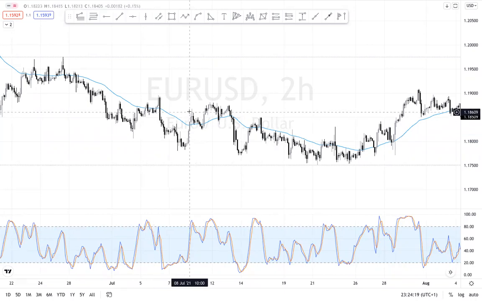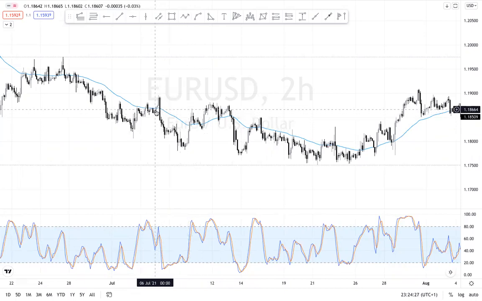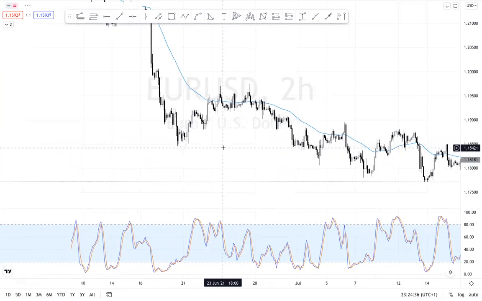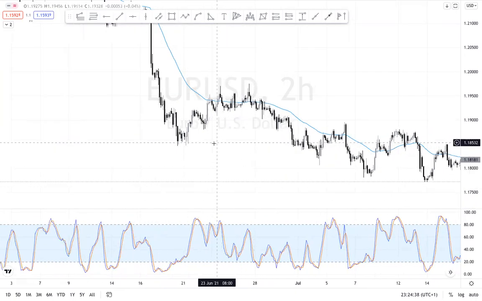Let me see another key structure. Here's a key structure here. It took out this high, the market broke it and retested the source. The market always retests the source, the area that pushed for the break, not the broken area.